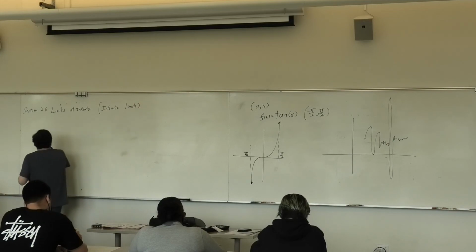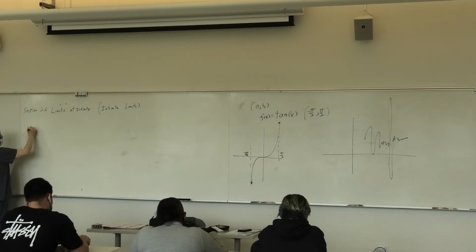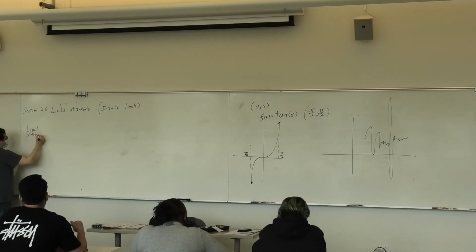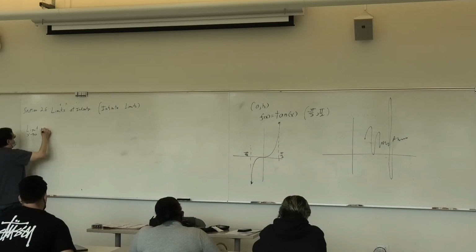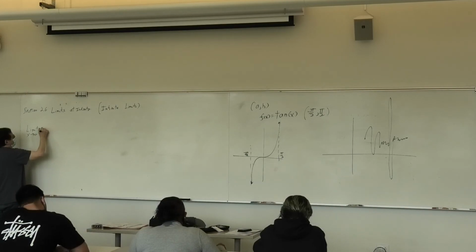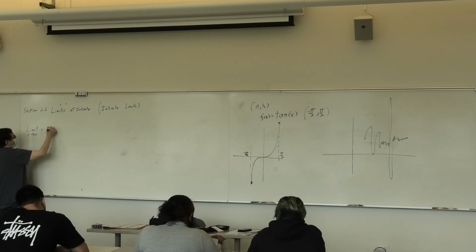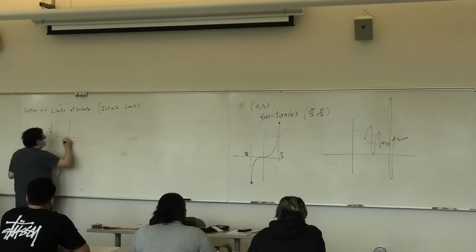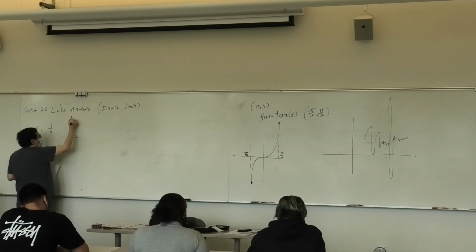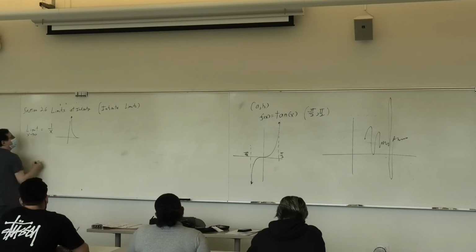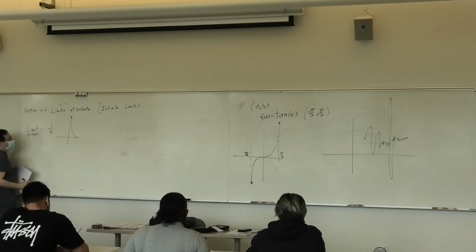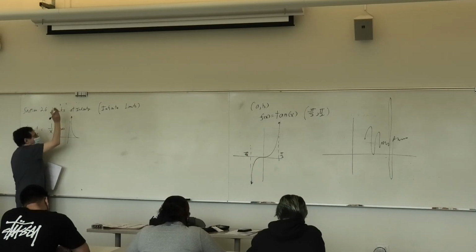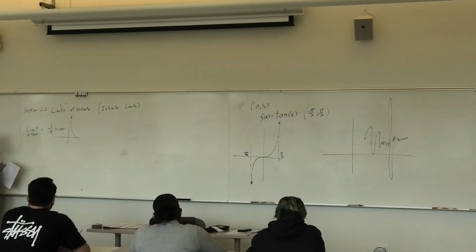You'll recall that if I have, say, the limit as x approaches 0 of 1 over x, from the right-hand side, this is going to be infinity. It's just going to keep getting larger and larger. That's not what we're talking about here.